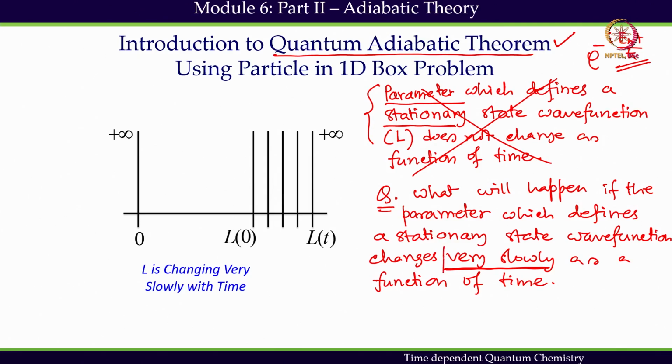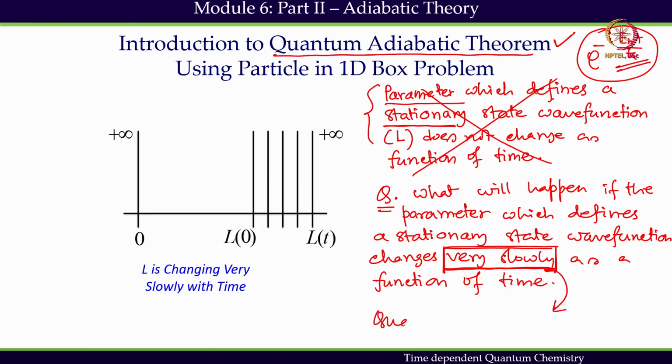Adiabatic approximation assumes that the parameter is changing very slowly. So our target is not the time dependent phase factor. Our target is actually the parameter which is changing as a function of time very slowly. And this slow temporal change is an approximation in the quantum adiabatic theorem.